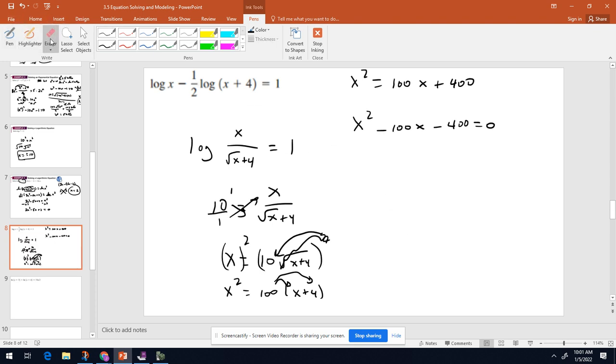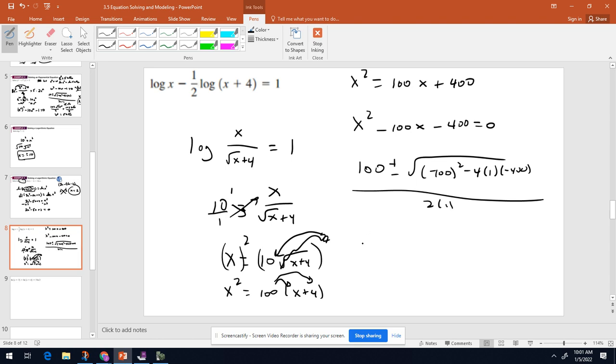A lot of quadratic formula, a lot of quadratic stuff back here in chapter 2. So I've got 100 plus or minus the square root of negative 100 squared minus 4 times 1 times negative 400, all over 2 times 1. So that gives me 100 plus or minus the square root.